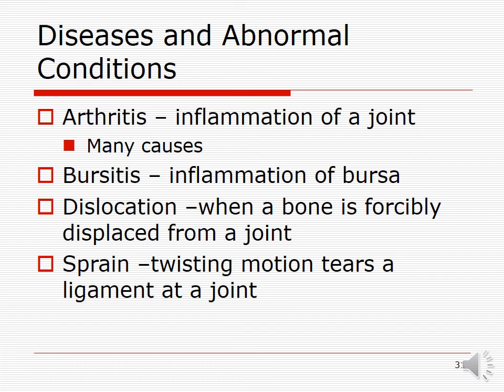A sprain, this is a twisting action that tears the ligaments at a joint. Common sites are the wrist and the ankles. And really, sometimes a sprain can cause somebody more disruption in their activity than even a break. A bone will heal fairly quickly. Sprains don't always heal quite as quickly.